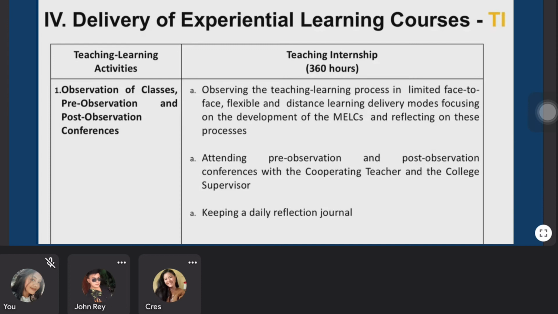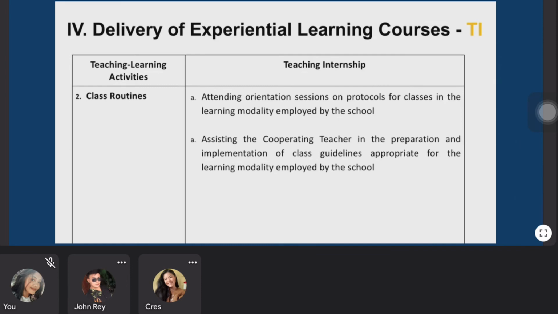This is for the observation of classes, so that we are aware of what to do during teaching internship. Second one is class routines. First, during teaching internship, attending orientation sessions on protocols for classes and the learning modality employed by the school.